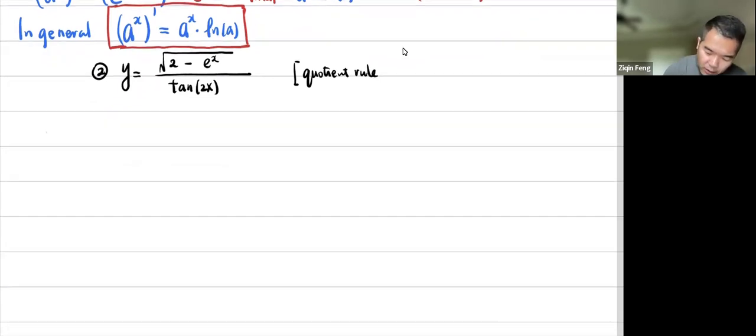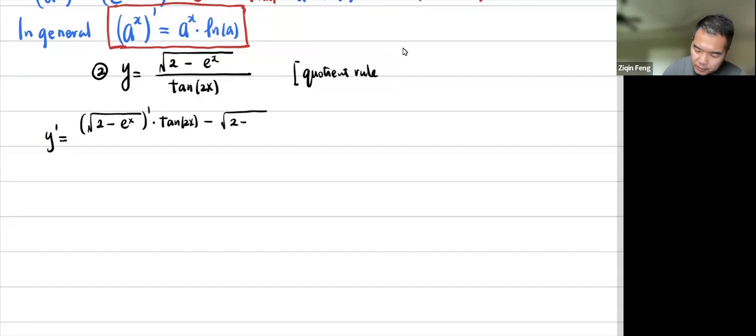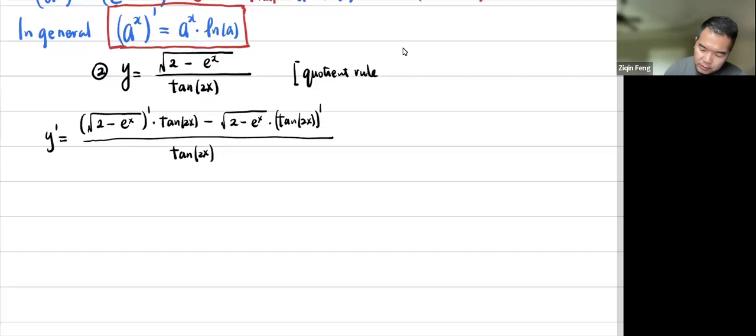Let's try to apply the quotient rule. So y prime is the square root of 2 minus e to the x, prime, times tangent 2x, minus square root of 2 minus e to the x times tangent 2x prime, over the denominator squared, tangent 2x to the power 2.